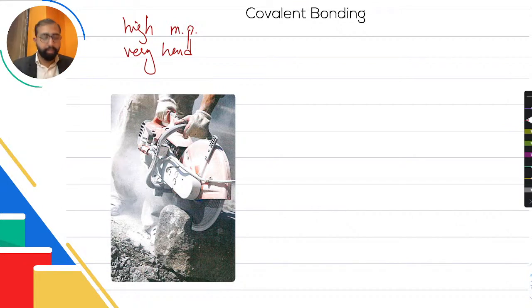And then there are obviously 4 C's on which every diamond is checked: its carat mass, its clarity, how clear it is, how much it reflects light, and what the cut is like. So color, of course. So these 4 C's basically tell us what the structure of diamond is and how valuable it is. But diamond doesn't really have to be valuable for jewelry. It's also very valuable in industry.